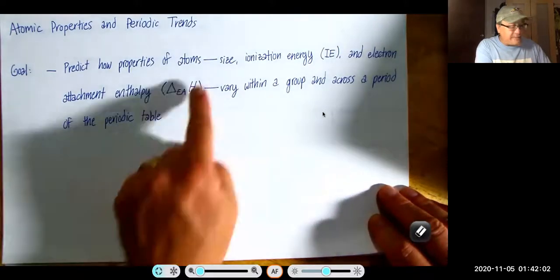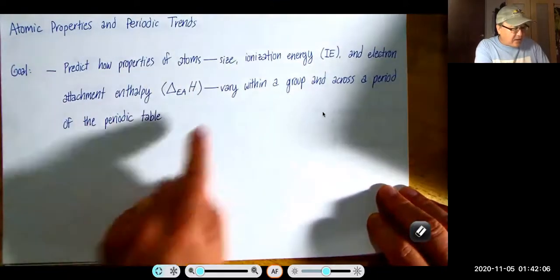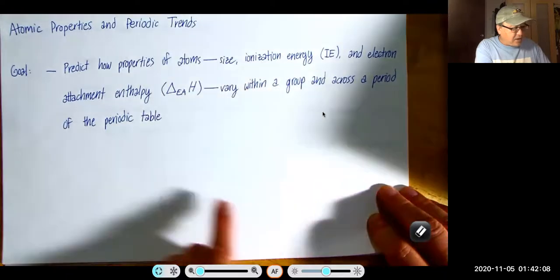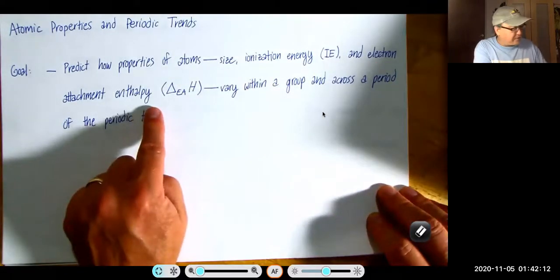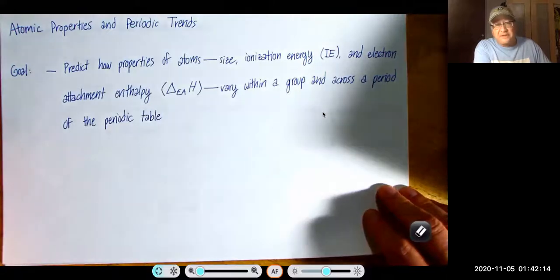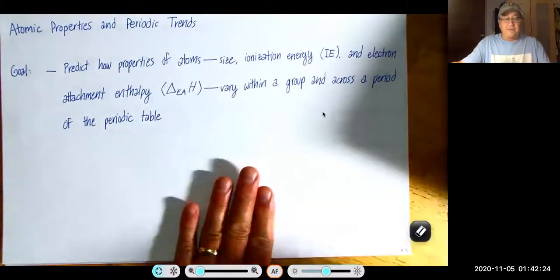One is the atom size, another is ion size, something called ionization energy, and something called electron attachment enthalpy, which back in the day we just called electron affinity, but now they changed it. And that's all right, we can deal with that. So this one will be a little bit of a longer section, and you want to be prepared for that.